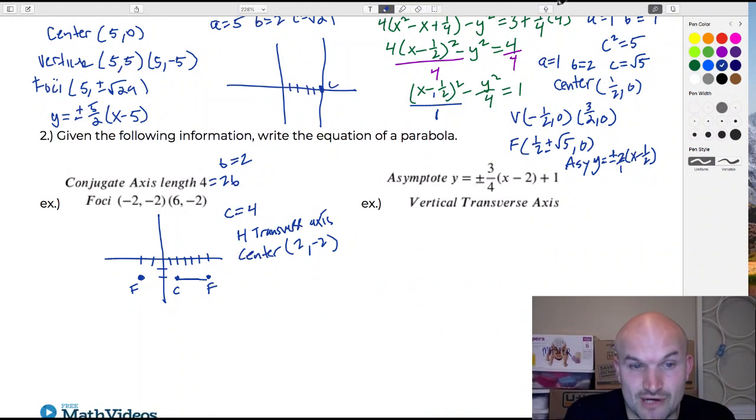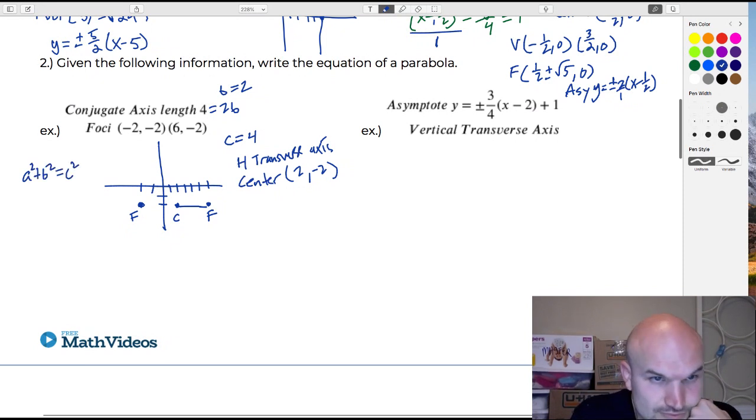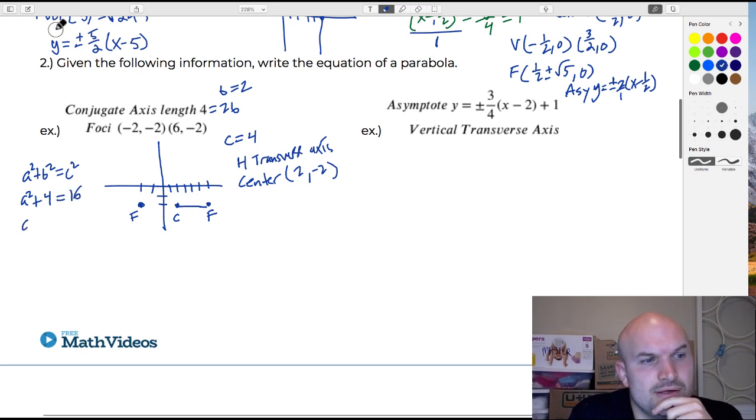Now, the only thing we need to figure out is a. So that's going to be a squared plus b squared equals c squared. So we don't know a squared, but we know b squared, which is 4, is equal to 16. So a squared is equal to 12.